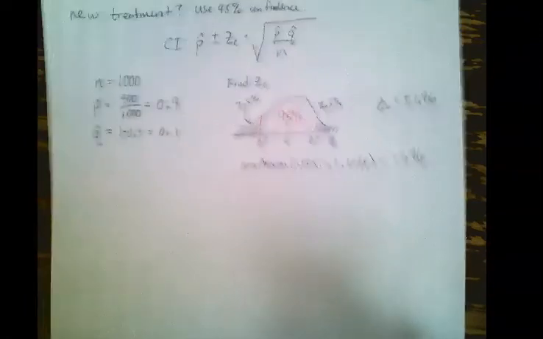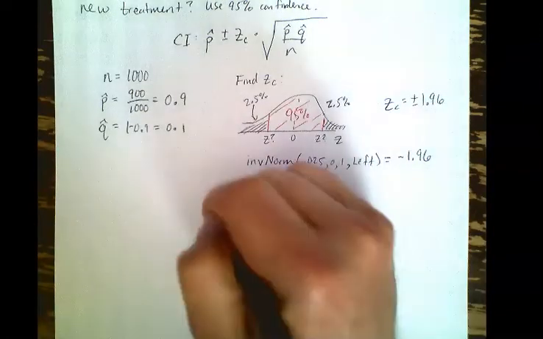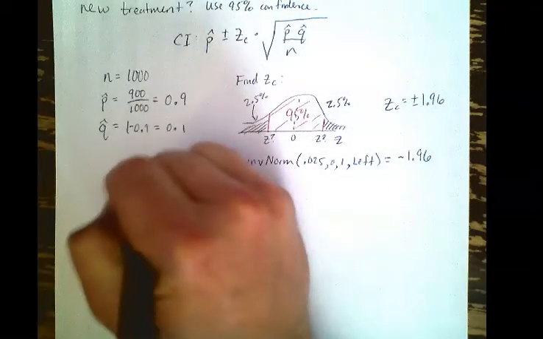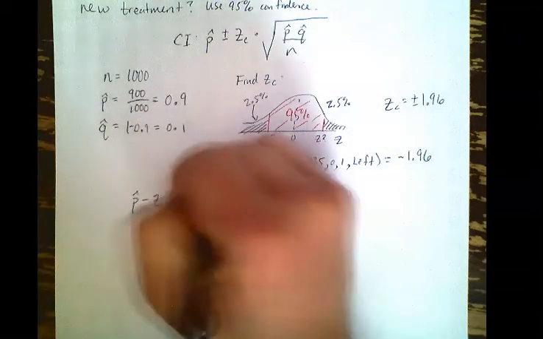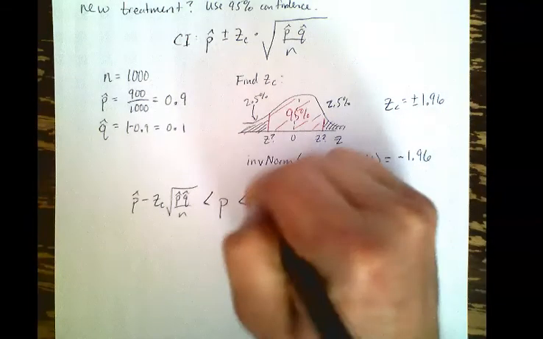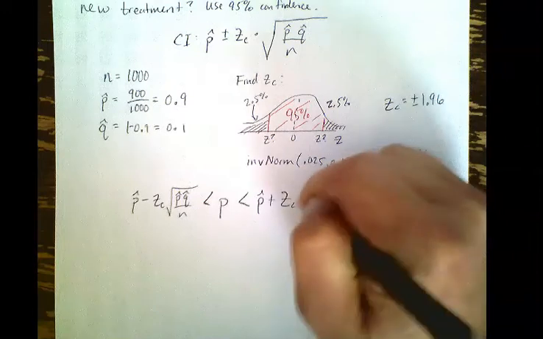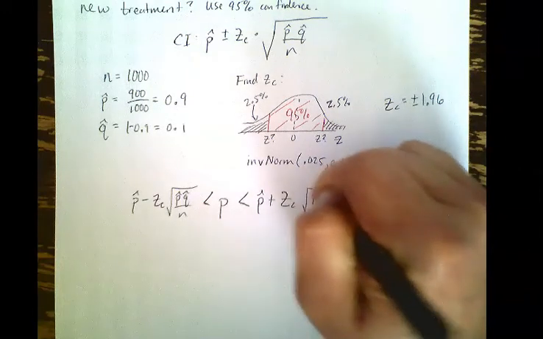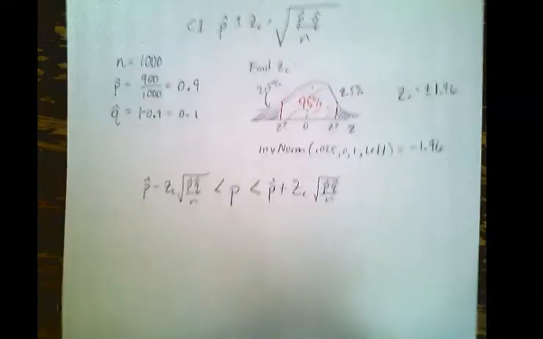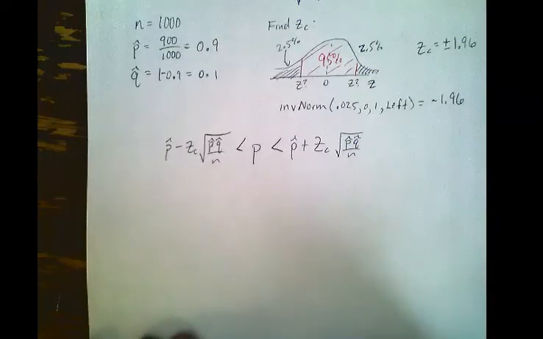And now we're ready to go. So P, we know, will be in between P hat minus Z critical root P hat Q hat over N, and P hat plus Z critical times root P hat Q hat over N. So let's put in those values.